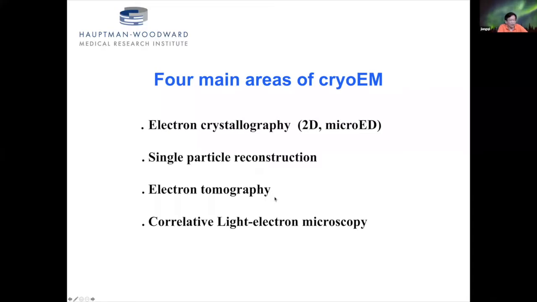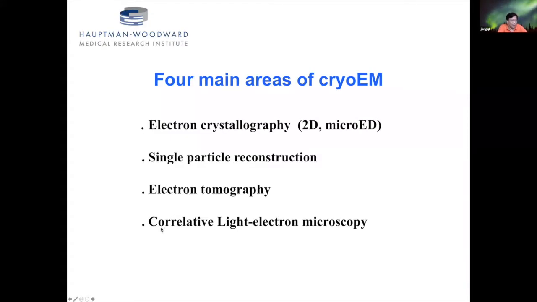The third direction is electron tomography, which is to build three-dimensional structures of ultra-thin sections that are about 100 to 200 nanometers in thickness, mainly subcellular sections or thin cells, like a lot of the bacterial cells that are very thin and can be flash frozen without damaging the structural information.